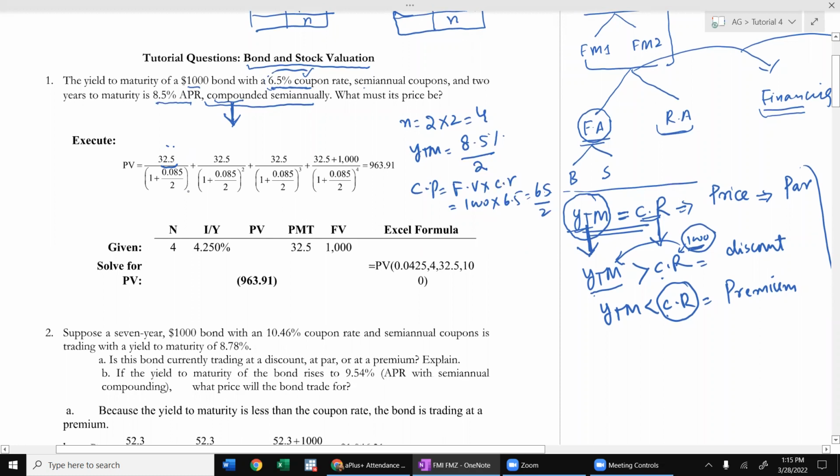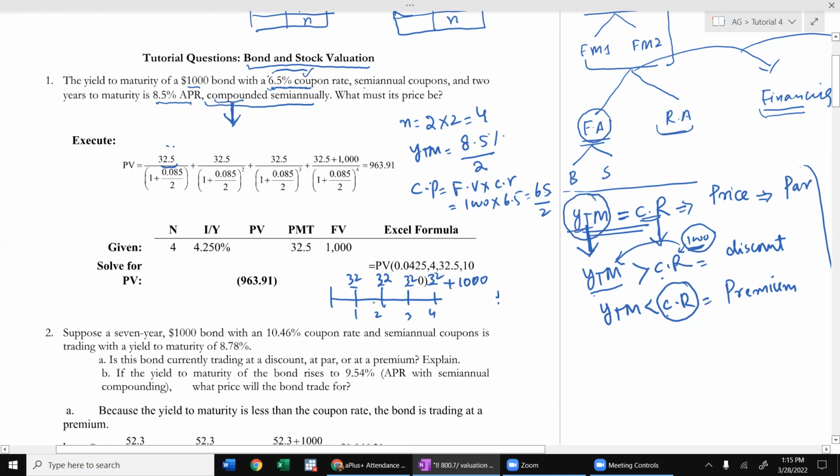It means that every 6 months, for 2 years or 4 periods, you are going to get 32, 32, 32, 32: 1, 2, 3, 4. Plus, when the period ends, you will also get your principal back, 1000. So it means the last period also needs some adjustment.